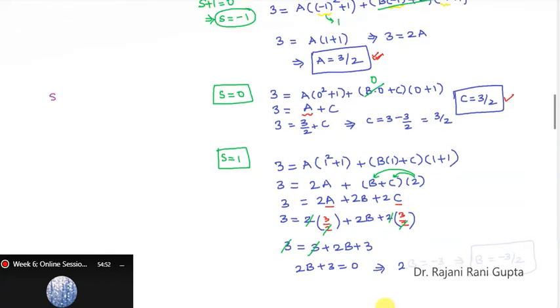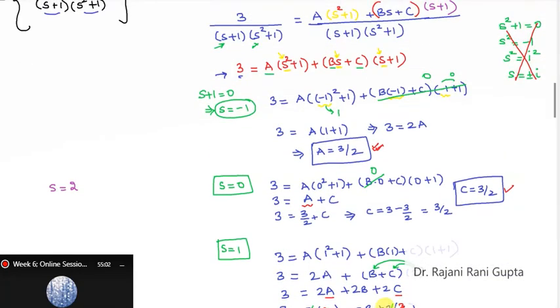Here if I select any other value other than 0, what will happen? Say let's assume I select 2. So what will happen in this equation? If I am using s is equal to 2 here, it will give me 3 is equal to a times 2 square plus 1, 2b plus c, 2 plus 1.